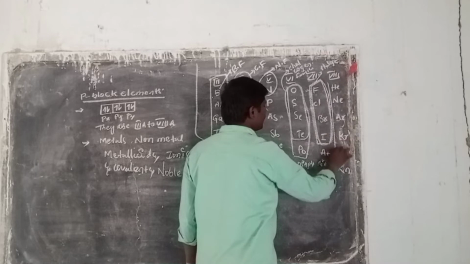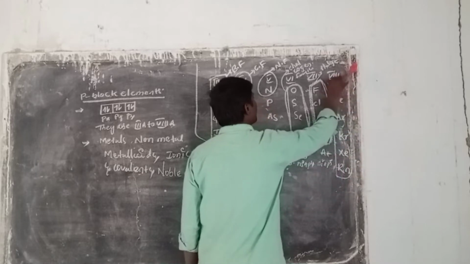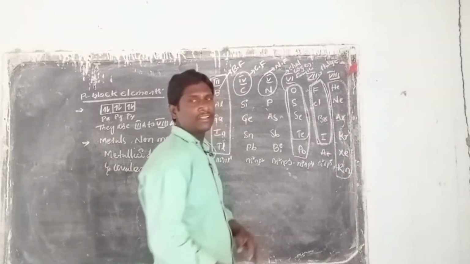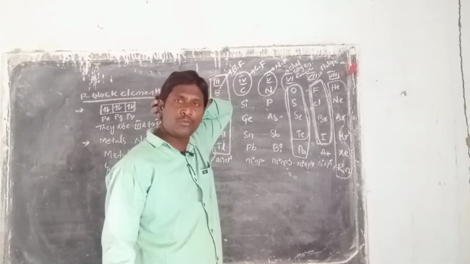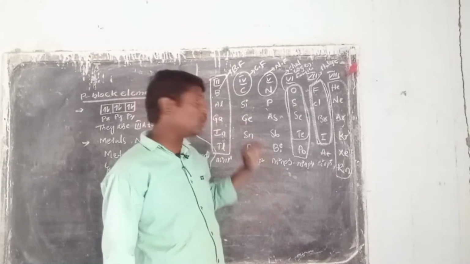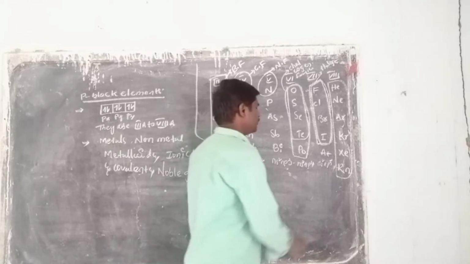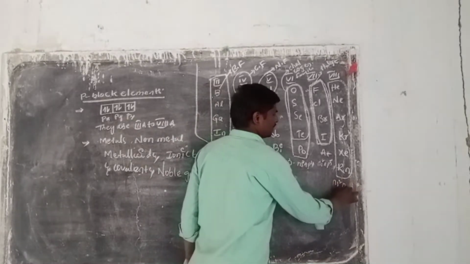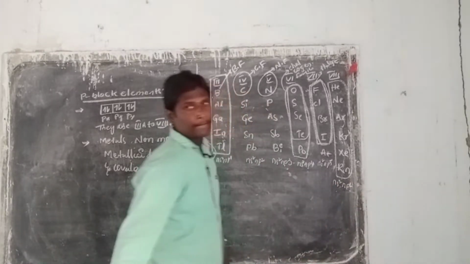Now helium, neon, argon, krypton, xenon, radon. These elements are called the 8th group elements, or inert gases, or noble gases. The electronic configuration is ns2 np6.